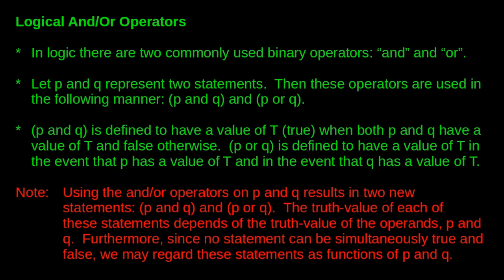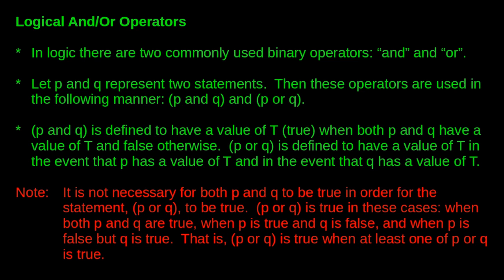So, moving on. The truth value of each of these statements depends on the truth value of the operands, P and Q. Furthermore, since no statement can be simultaneously true and false, we may regard these statements as functions of P and Q. Also note, it is not necessary for both P and Q to be true in order for the statement P or Q to be true.